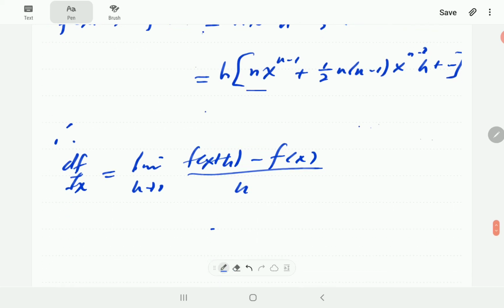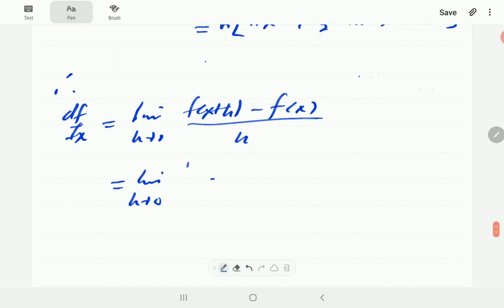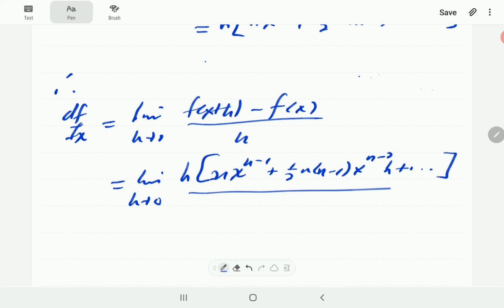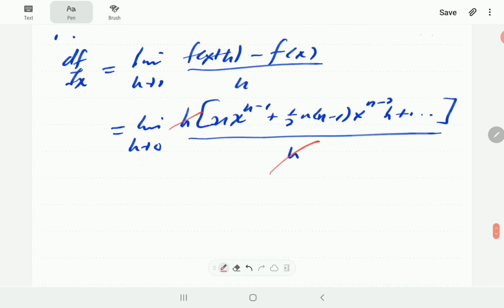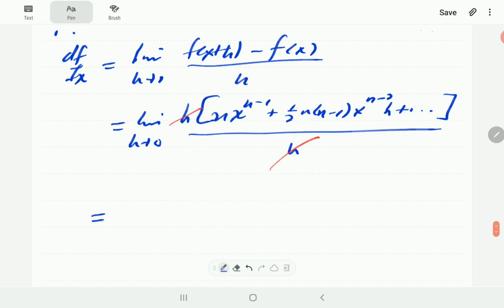Now the numerator is just this term here, so we're going to have the limit as h goes to 0 of h into n times x to the power n minus 1 plus 1/2 n into n minus 1 x to the power n minus 2, etc. Then the common factor of h we can cancel out, and then this thing is just the limit of n x to the power n minus 1 plus 1/2 n into n minus 1 x to the power n minus 2, etc.